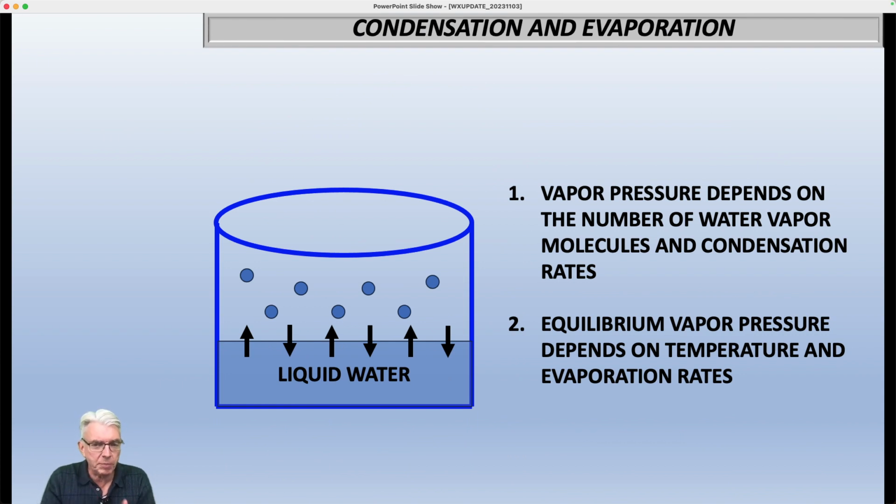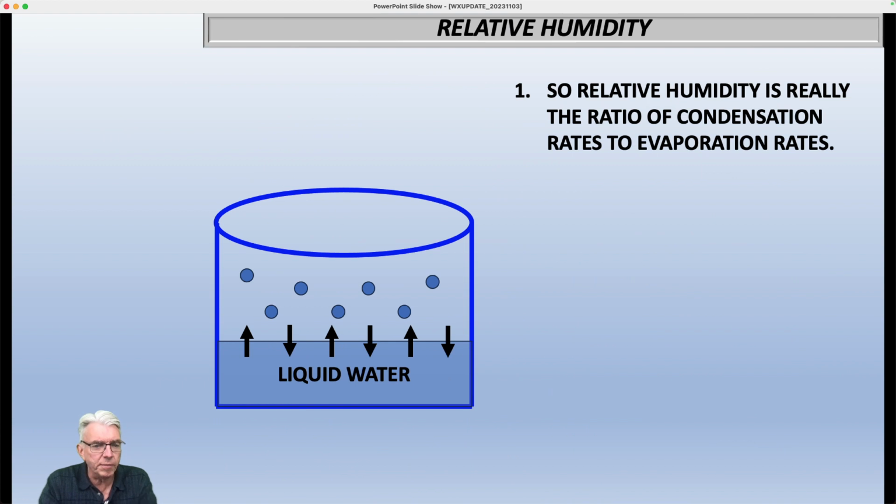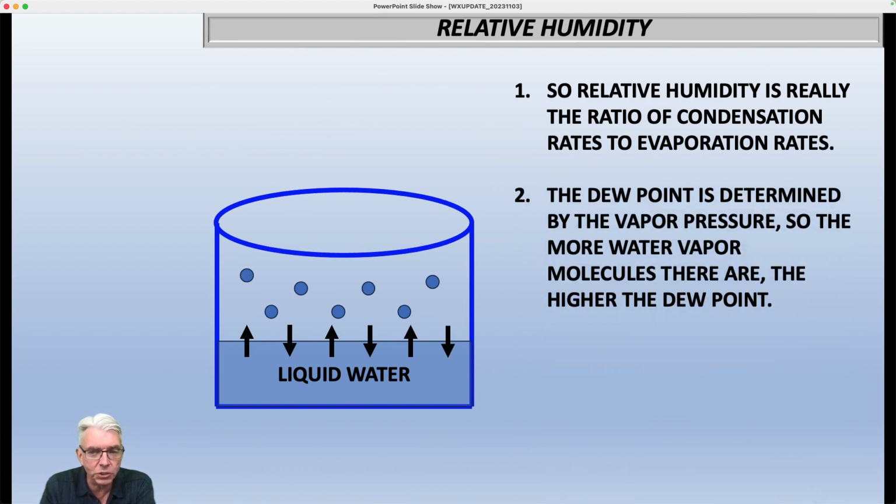The temperature is affecting the evaporation rate, and the amount of moisture in the air is dictating the condensation rates, okay? You with me so far? Now, relative humidity is really the ratio of condensation rates to evaporation rates. When they're equal, the relative humidity is 100%.